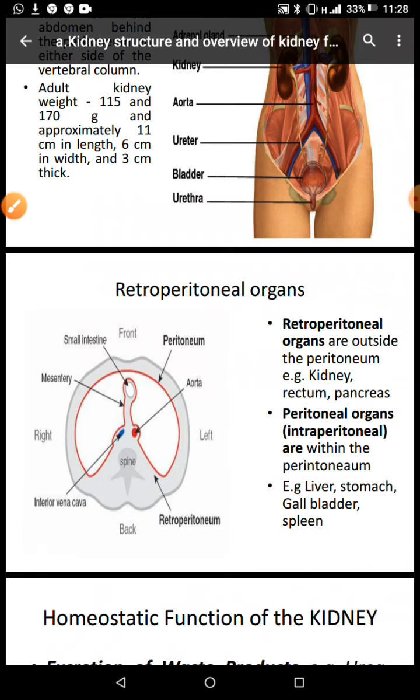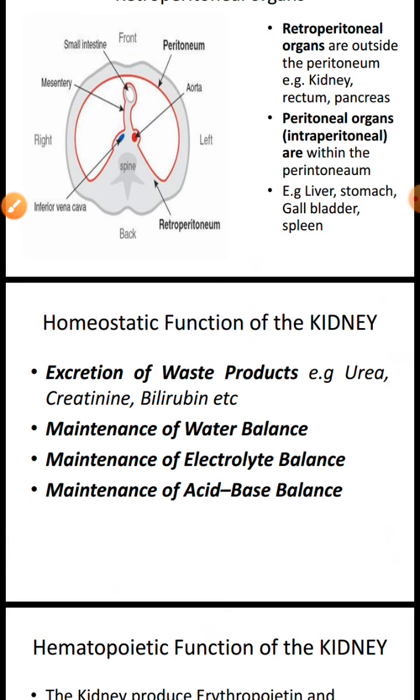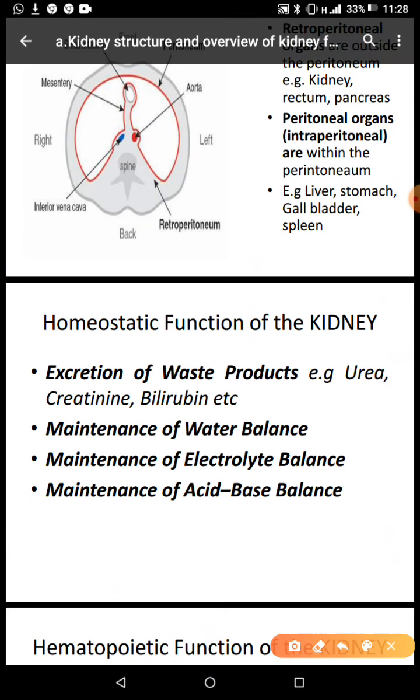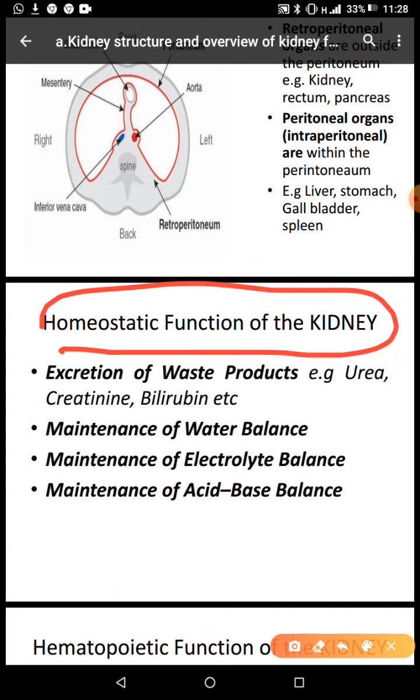Now, what are the functions of the kidneys? We can just run through these functions before we start describing the mechanism of function step by step. They excrete waste products of metabolism such as urea, creatinine, and bilirubin.